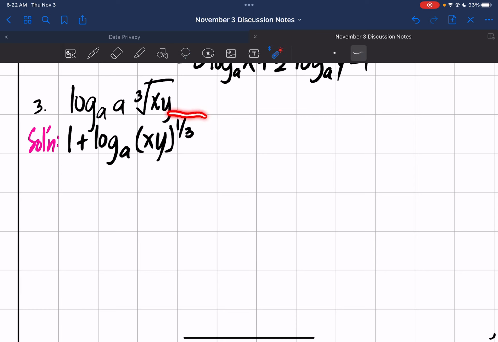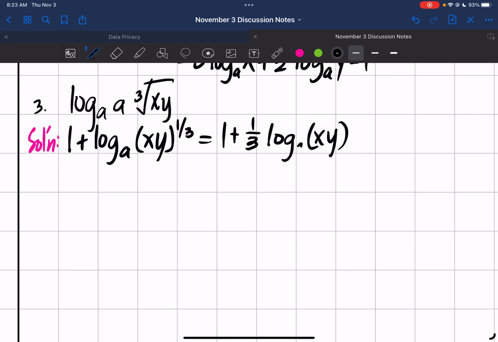So, kung titignan natin yung expression na meron tayo dito ngayon, pwede na nating ilabas yung product sa labas. So, we have here 1 plus 1/3 log of xy base a. This is by the power rule.